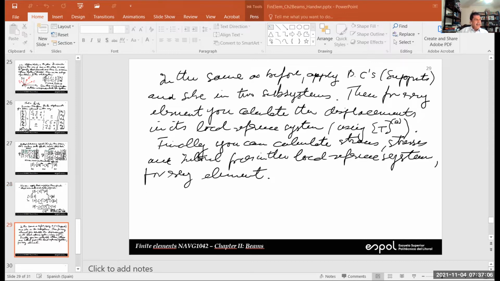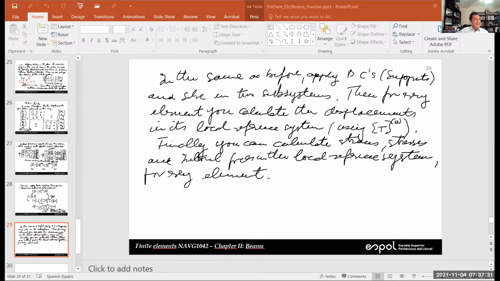Then for every element, you calculate the displacement in the local reference system. And for that, you calculate the T matrix. This T matrix depends on the definition of every element, because the definition of every element determines the theta value for that element.